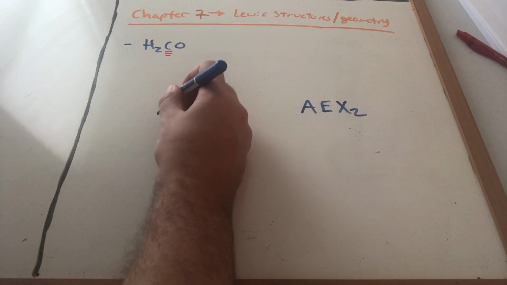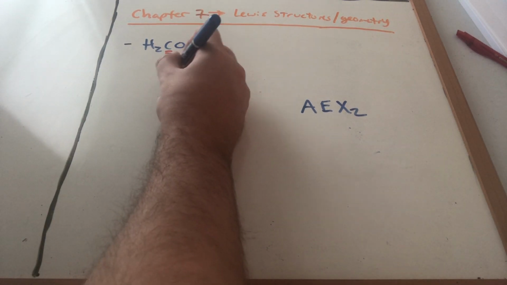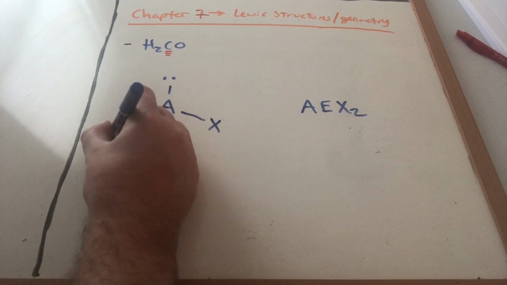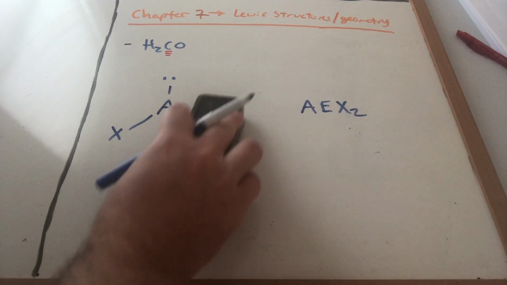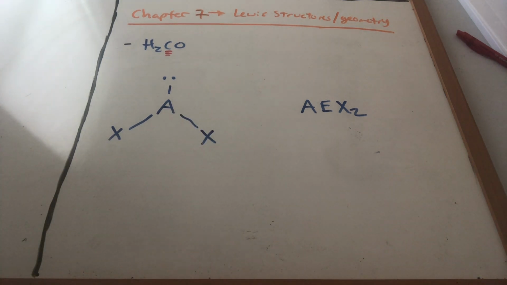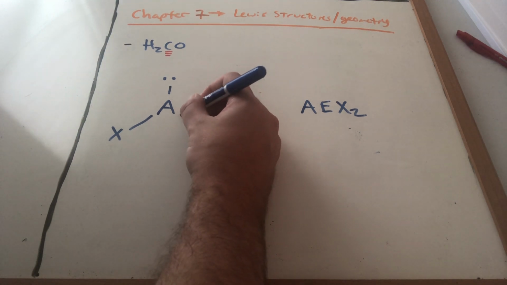So in that case, you're going to have a central atom, and you do the Lewis structure. And there's a lone pair up here, and then there's atoms attached, still making that triangle, right? Let me just emphasize the triangle more. Sorry about that. Still making that triangle.